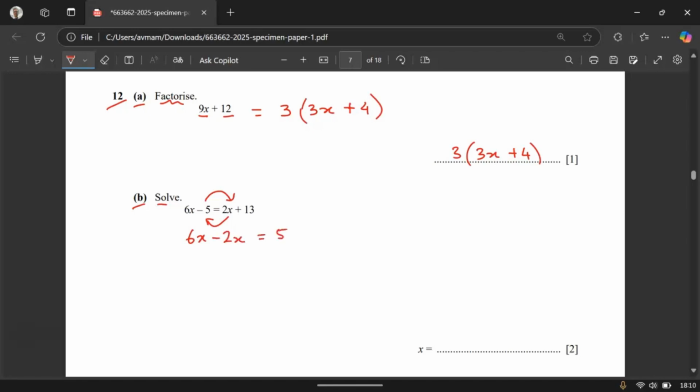Minus 5 will change to 5, and then there is 13. 6x minus 2x will give you 4x. 13 plus 5 is equal to 18. Then x is equal to 18 divided by 4, which is the same as 9 divided by 2. So we can write this as 9 over 2, or 4.5.